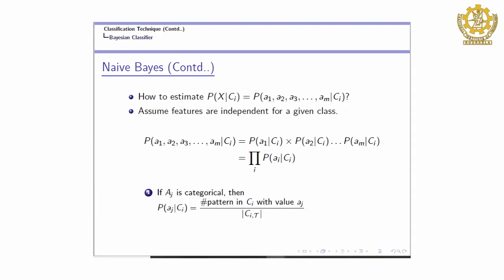What is that? We will explore the probability of X given Ci. What is X, by the way? X is nothing but the values of each of the features. So, we can write the probability of X given Ci as the probability of the values A1, A2, A3 up to AM for a given class Ci.